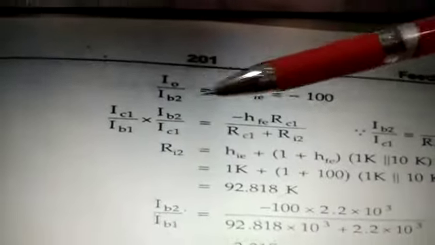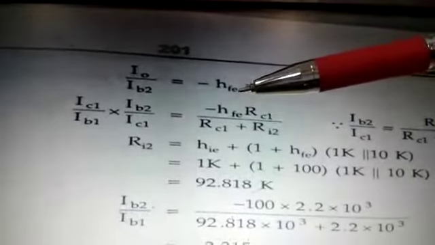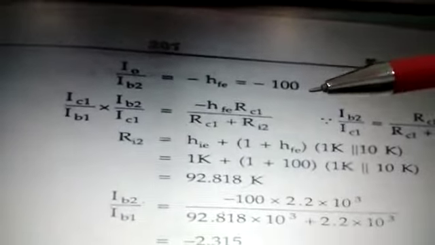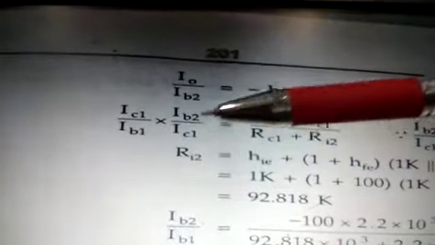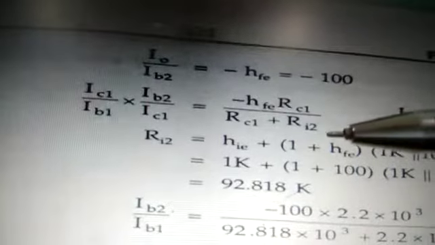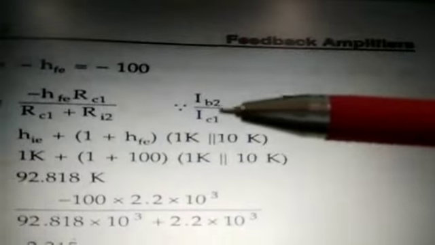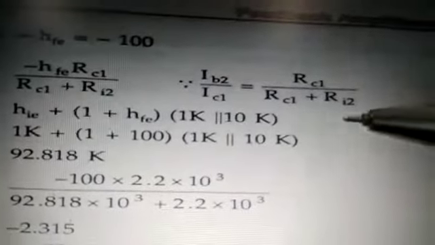Next we will see this calculation. We will calculate the output current upon IB2, the first stage output current upon IB2. This is the second stage transistor, and this parameter is already given, that is HFE, the forward current gain, equal to 100. Then we calculate the combination IC1 by IB1 and IB2 by IC1, given by the formula minus HFE into RC1 upon RC1 plus Ri2, because IB2 upon IC1 is equal to RC1 upon RC1 plus Ri2.